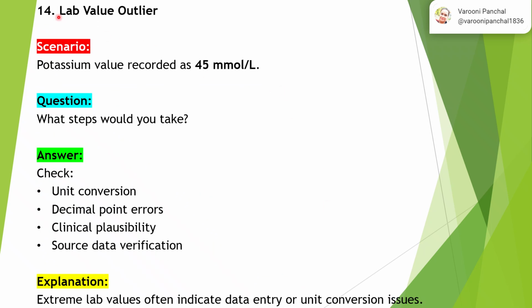Number 14. Lab value outlier. Potassium value recorded as 45 millimole per liter. What steps would you take? You can check the unit conversion, the decimal point errors, clinical possibility, then the source data verification. Extreme lab values would indicate data entry or unit conversion issues.